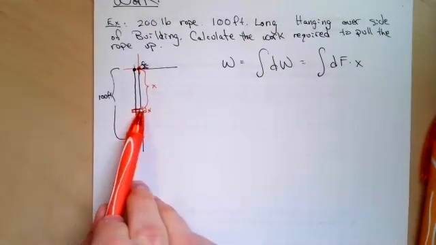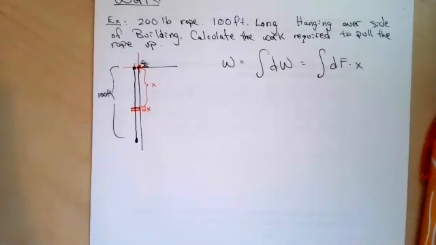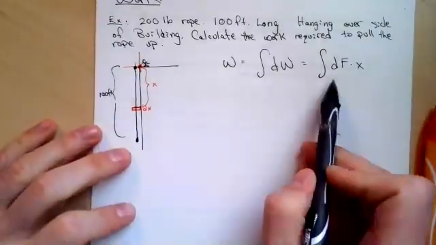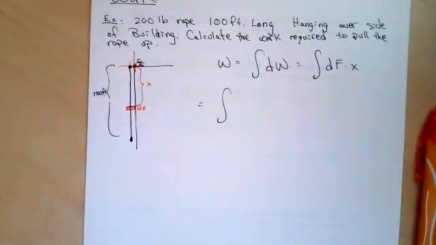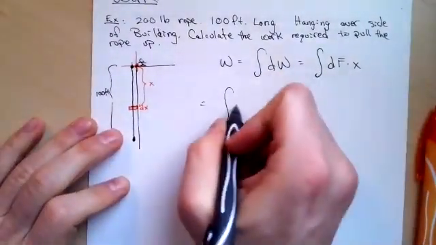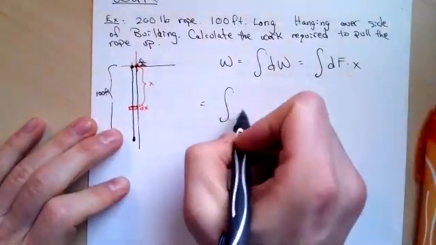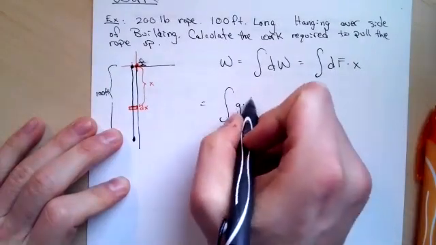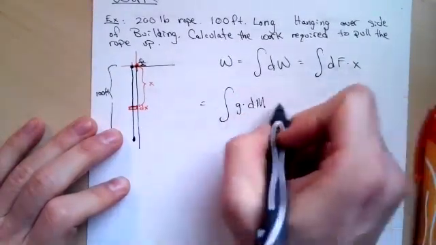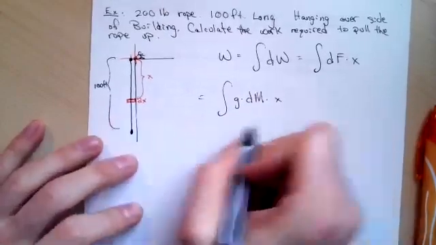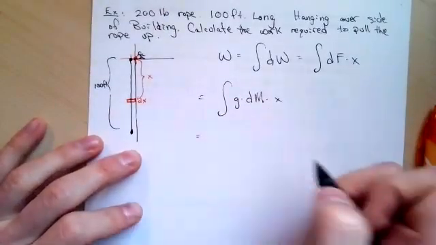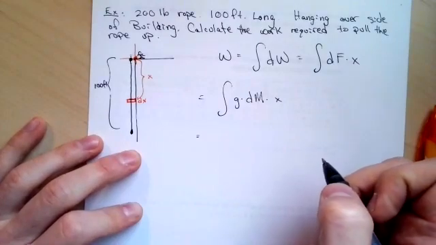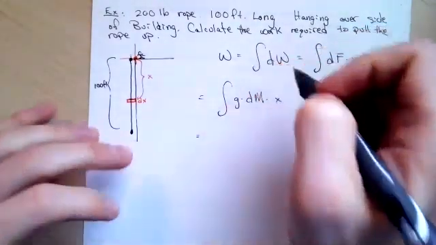What is the force on this infinitesimal piece of rope? Well, that is our dF. How is it broken down in terms of physics laws? So dF, force, is going to be the mass times gravity. And the mass, sorry, we actually don't need gravity here.